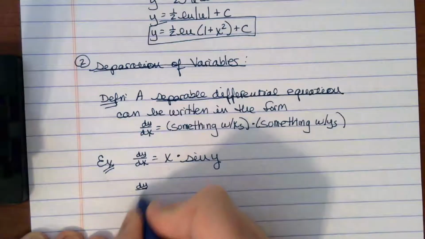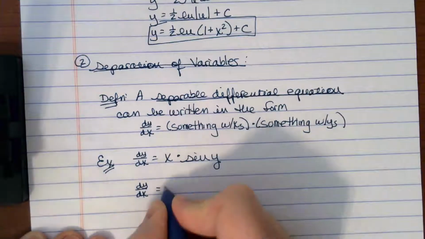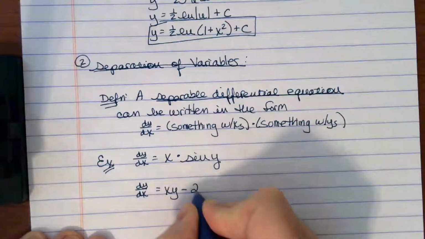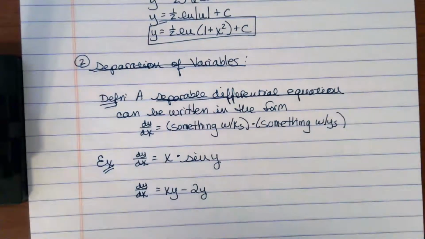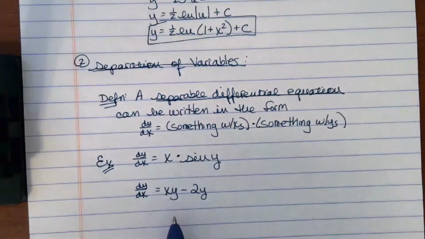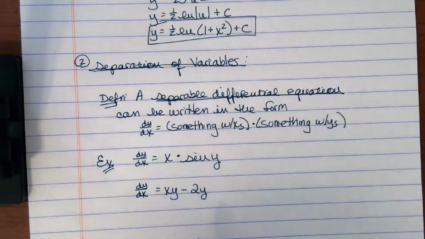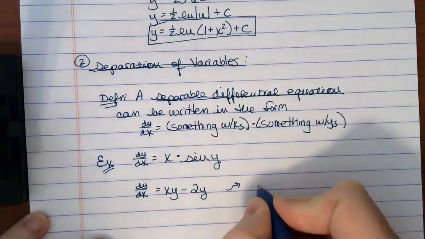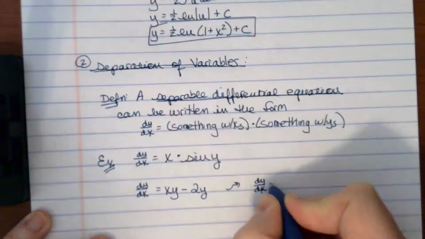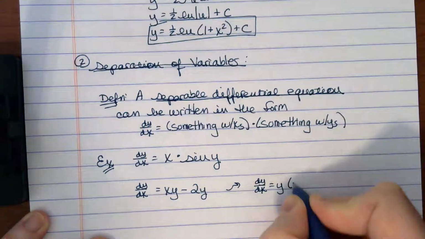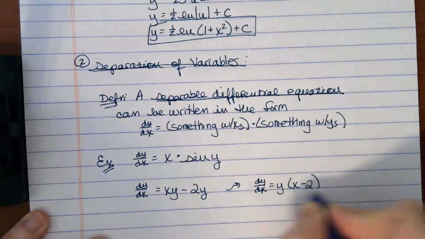What about this one? dy/dx equals xy minus 2y. This is not something with x's times something with y's, but could it be written in that form? Could we separate our x's and y's? Is it separable? I think it is, because I think we could rewrite this as dy/dx equals y times (x minus 2), something with x's times something with y's.